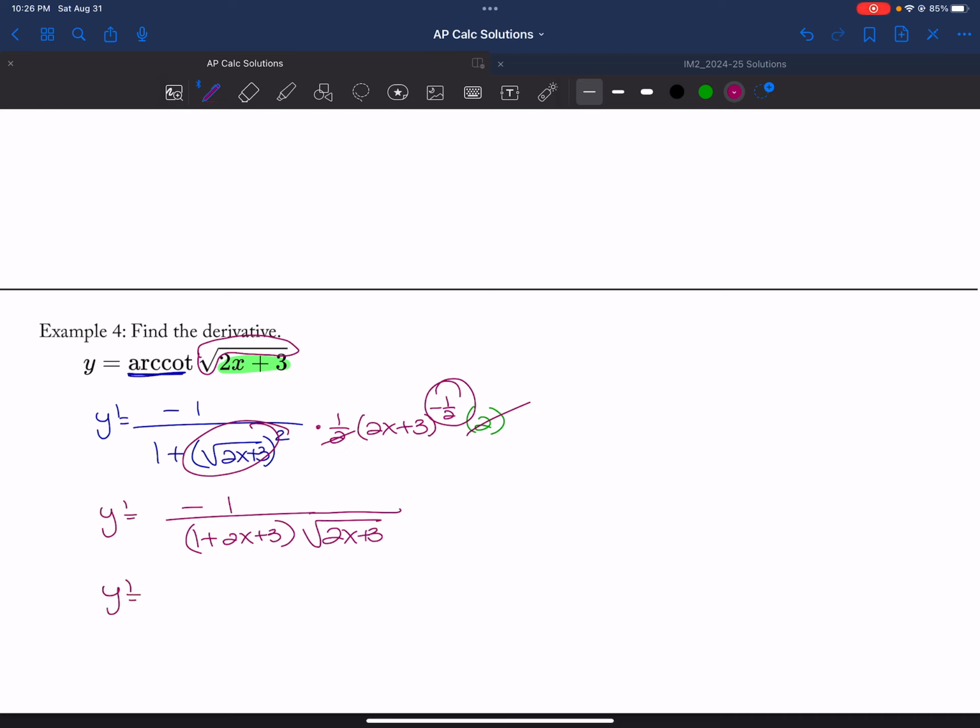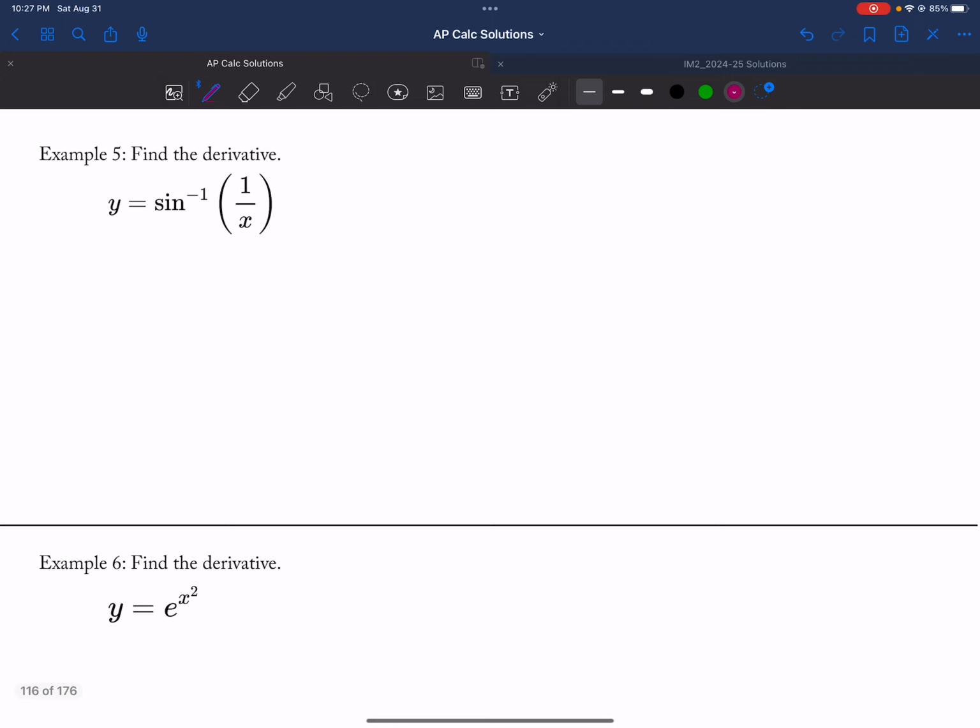So now y prime is equal to negative 1 over 2x plus 4, and then I have a root of 2x plus 3, which more than likely they would have done in algebra: negative 1 over 2 times x plus 2 and root of 2x plus 3. Okay? So now, let's look at another example.